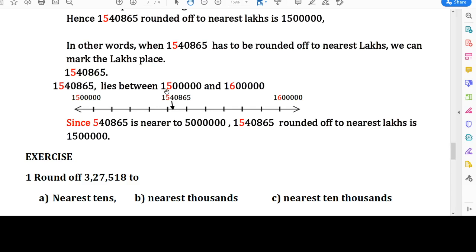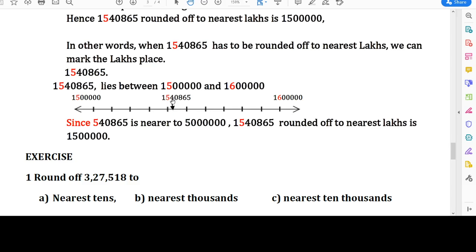Now we have to take multiples of lakhs. So here it will become 15. It lies between 15 lakhs and 16 lakhs. So I have written this line as 15 lakhs, this line as 16 lakhs, and these numbers 15 lakh 10,000, 15 lakh 20,000, 15 lakh 30,000, 15 lakh 40,000, 15 lakh 50,000.